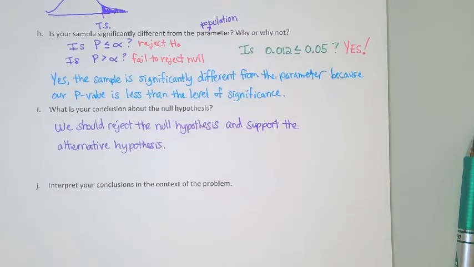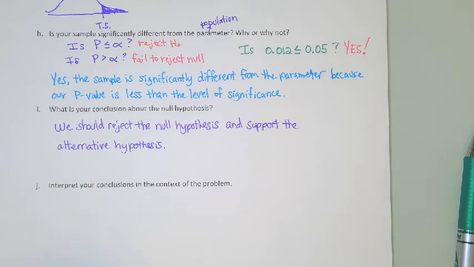So last, interpret your conclusions in the context of the problem. We want to go back to what this problem was actually talking about and make sure we're addressing what our results mean in this specific situation.